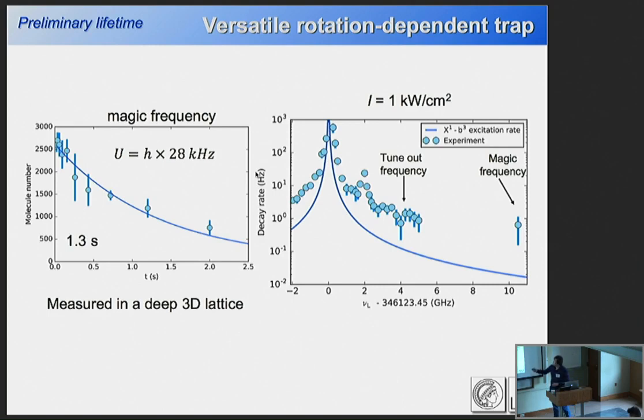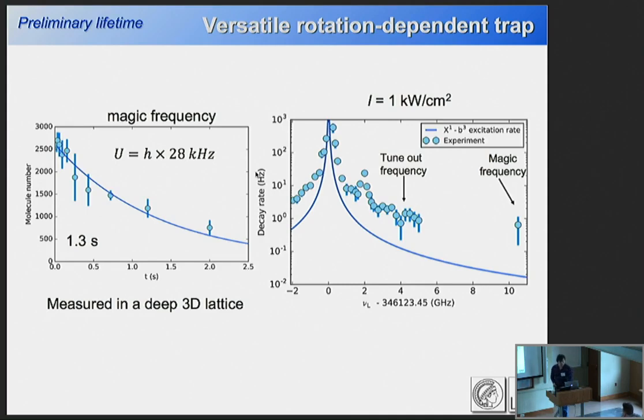And near the resonance, because we abruptly turn on the tune-out light to measure the lifetime, it could disturb the molecules in the 3D lattice and introduce more heating. You can also note that near the tune-out frequency, the decay rate is a bit smaller. That indicates maybe the abrupt turn-on of the tune-out light really enhances this loss. So this is really a preliminary result. We will do more work to clarify this.